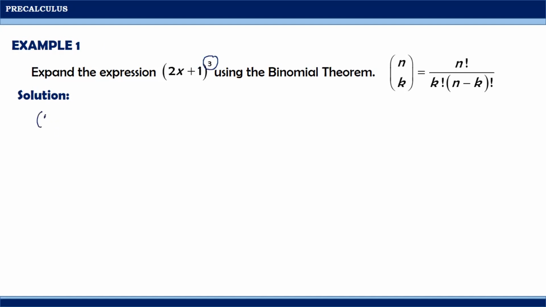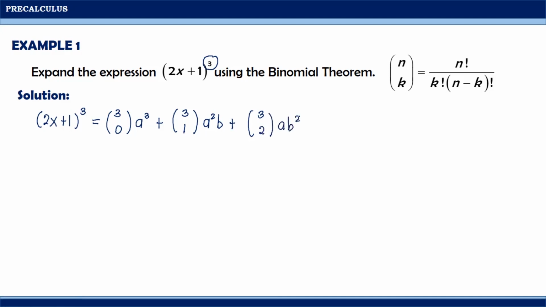Therefore, (2x + 1) raised to 3 will be equal to 3 taken 0 times a cubed, plus 3 taken 1 times a squared b, plus 3 taken 2 times a b squared, plus 3 taken 3 times b cubed.